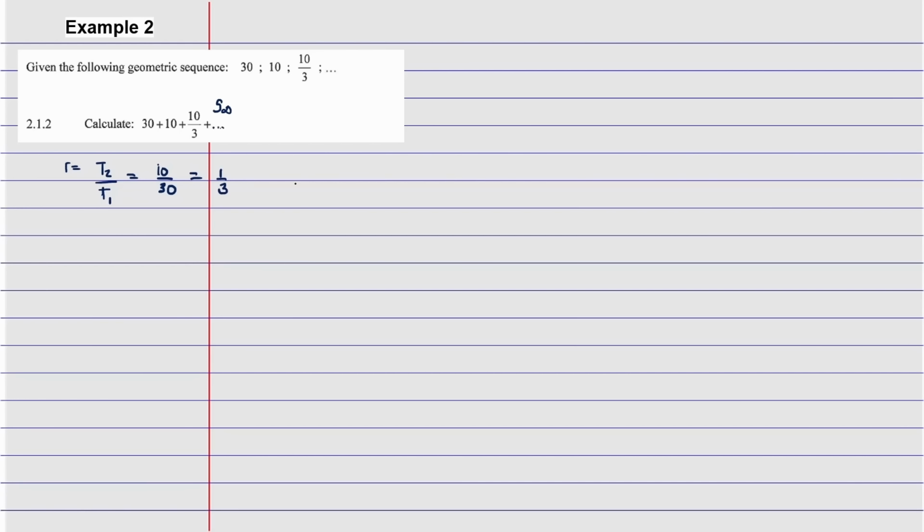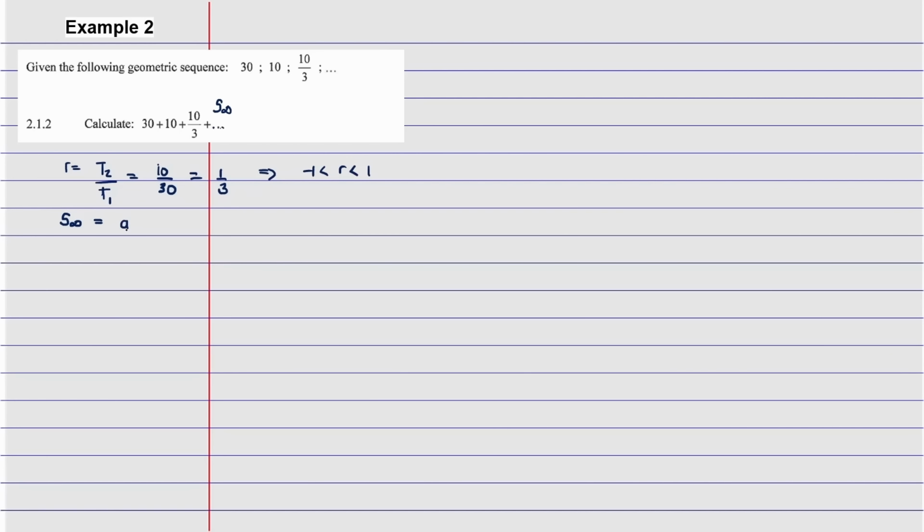So we see that r is indeed between -1 and 1. So this series is convergent, and we can calculate the sum to infinity.